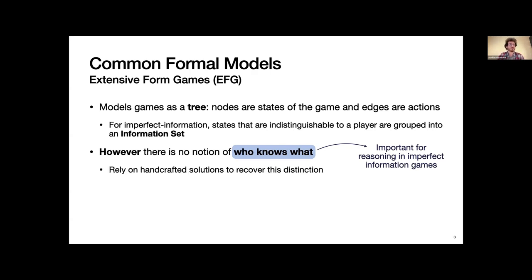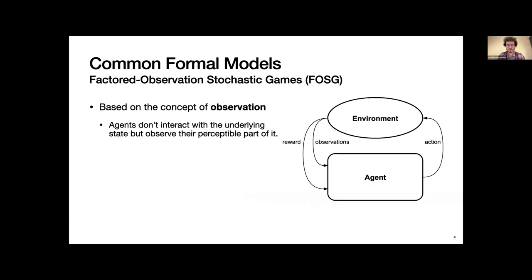And often people rely on crafted solutions to recover this distinction, but since it's a tip given by the developer for the agent, it is not suitable for general game playing.